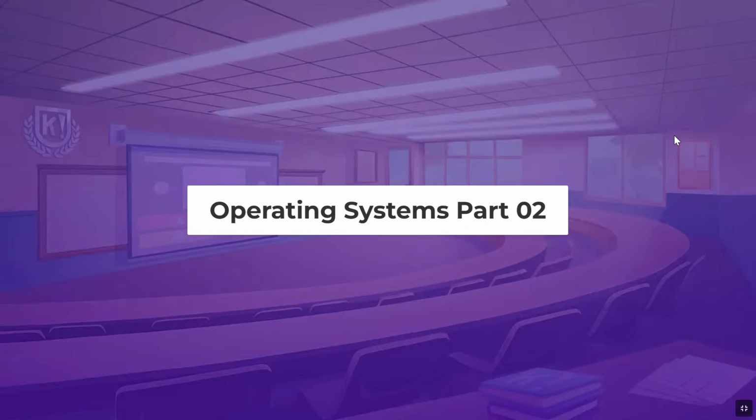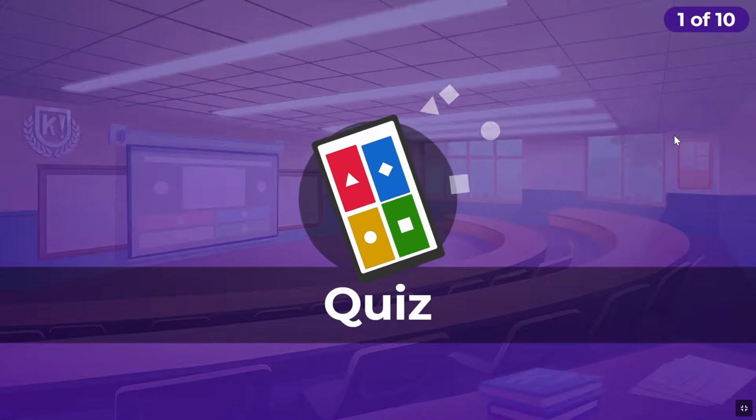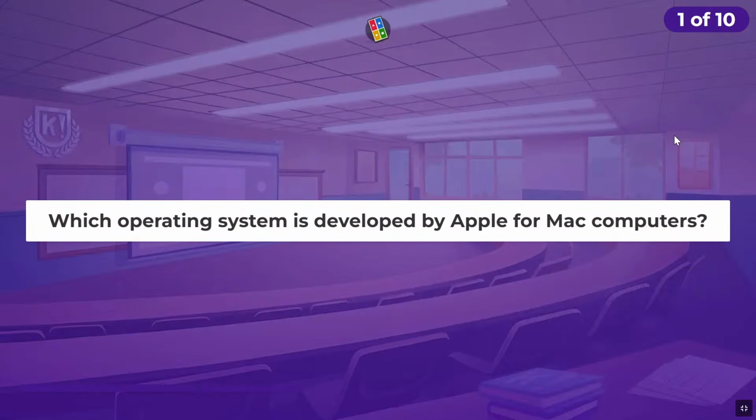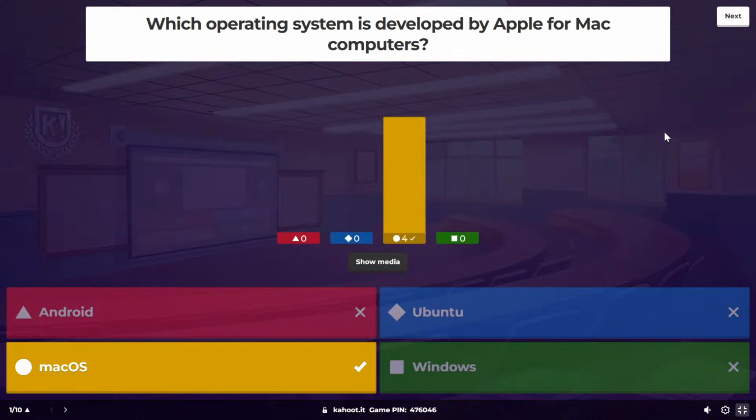Operating Systems Part 2. 10 questions like before. First question, which operating system is developed by Apple for Mac computers? That, of course, is macOS.